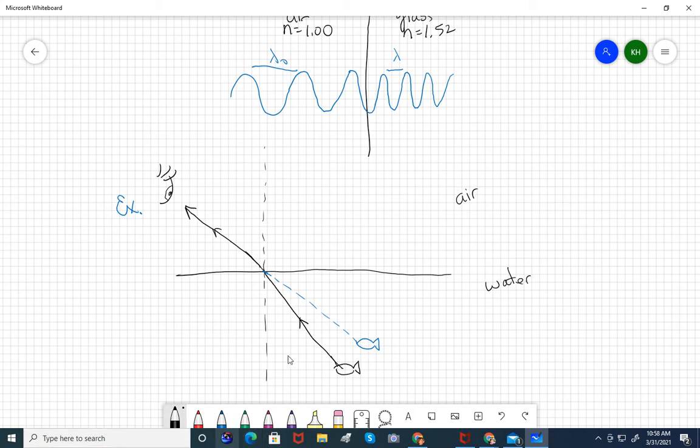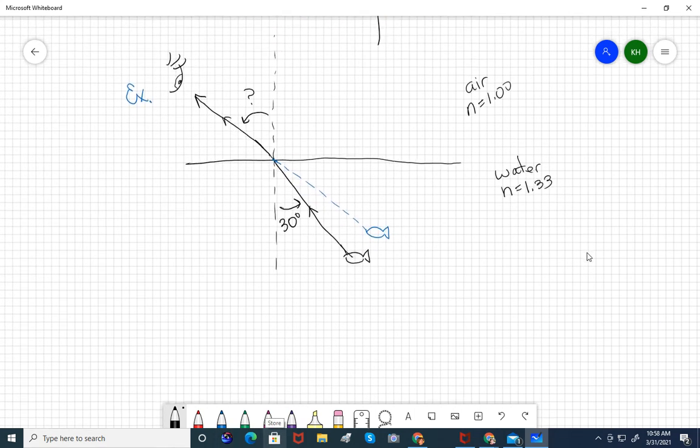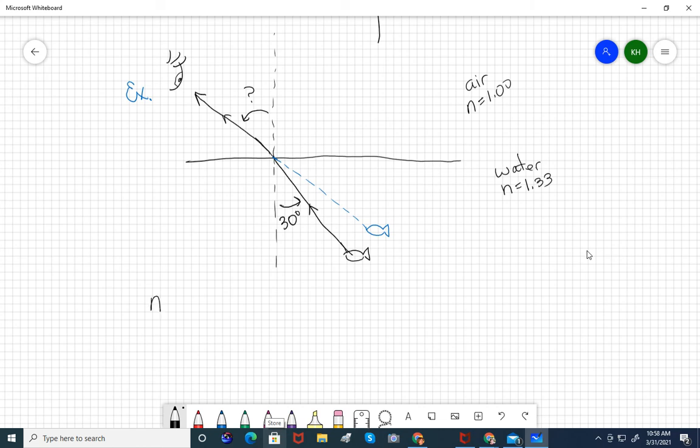If I tell you that this is n equal 1.00, this is n equal 1.33, let's suppose that this angle is 30 degrees. What's this angle? So that's an example for Snell's law. n_A sine theta_A equals n_B sine theta_B.